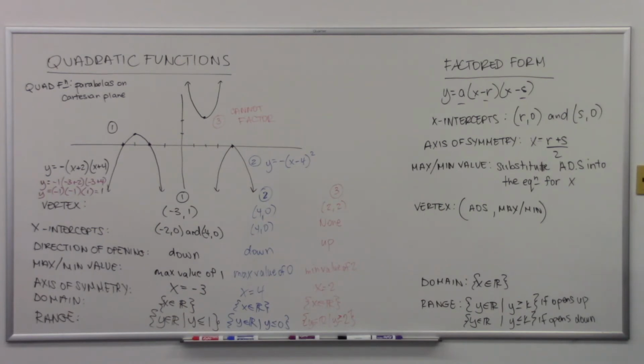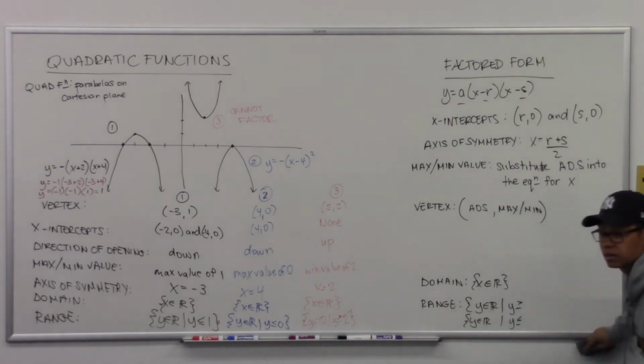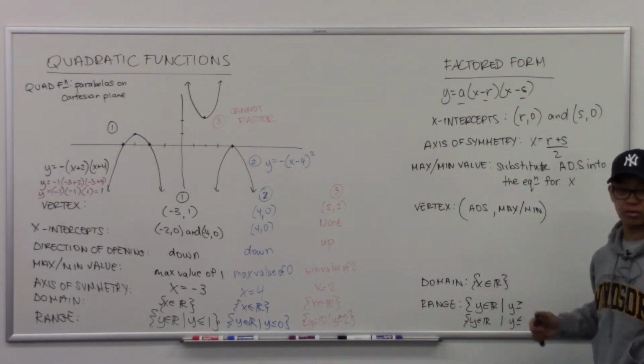Direction of opening is always easy, so I'm not going to write that. And then for the domain, it's always x belongs to a set of real numbers. The only difference is for the range, it changes based on the y value, or the max or min value.